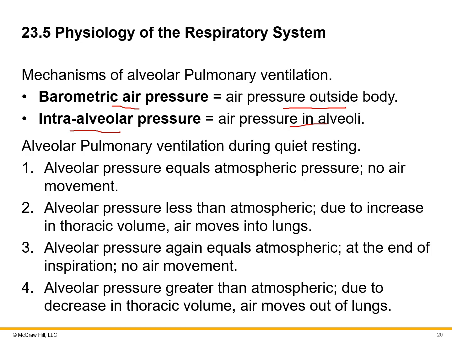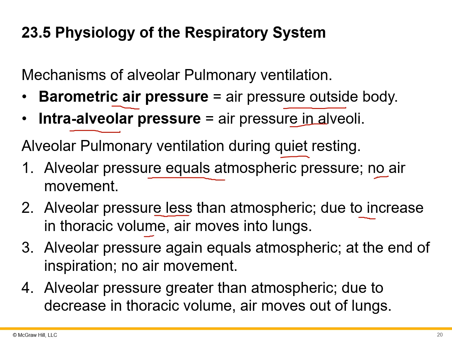So what's happening during quiet resting ventilation? The alveolar pressure is equal to the atmospheric pressure. Again, we move from high to low pressure, so if there is no gradient, there's no movement of air. Now, when the alveolar pressure is less than the atmospheric pressure, again going from high to low, this increases due to volume.